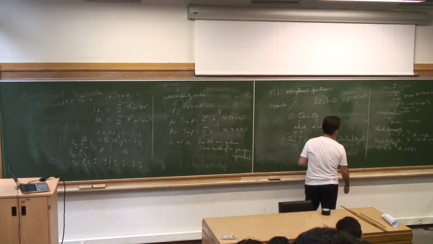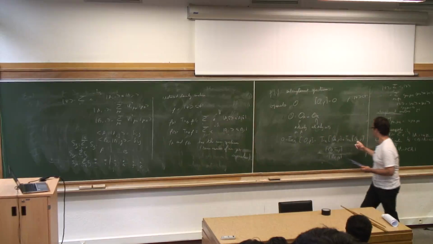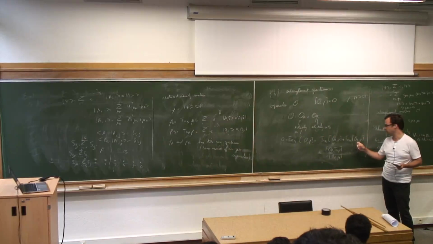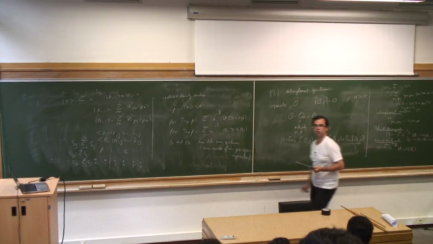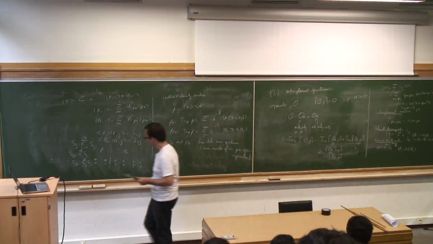So far, so good. Here it's a trace of an operator that acts only on B, right? So this one, when you take the trace of the commutator, it just gives you 0.